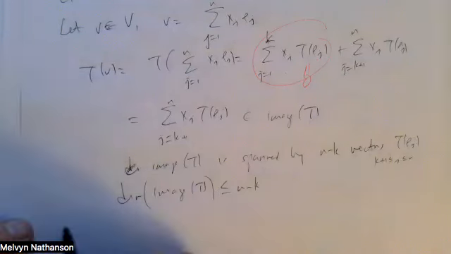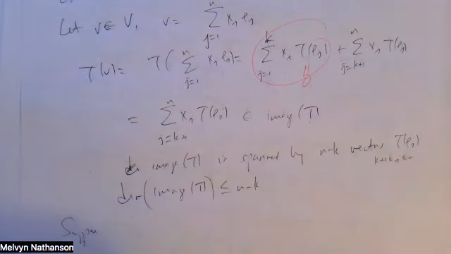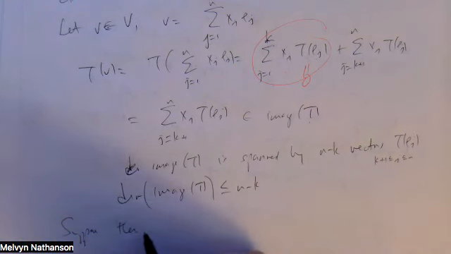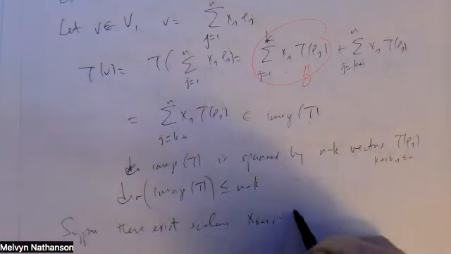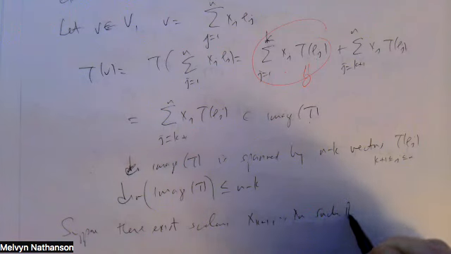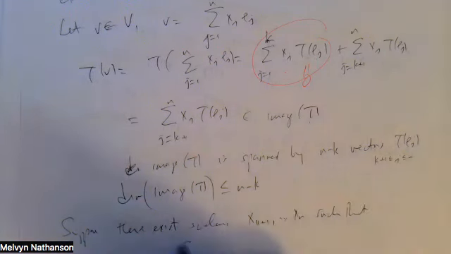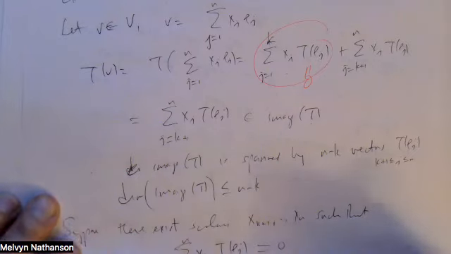So suppose there exist scalars xk plus 1 up to xn such that this linear combination, summation xj T of ej, j goes from k plus 1 up to n, is the 0 vector.